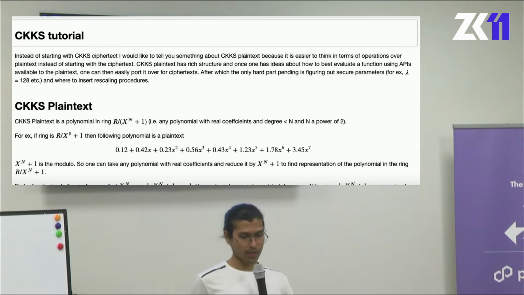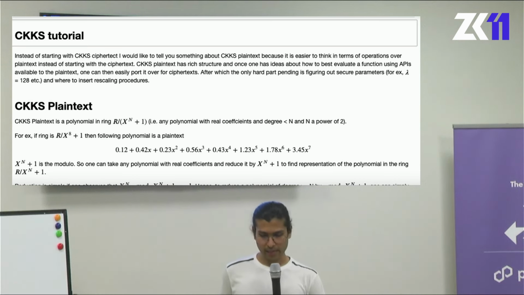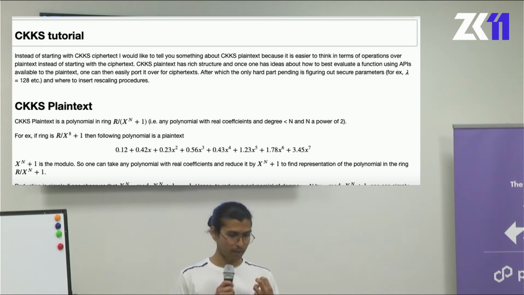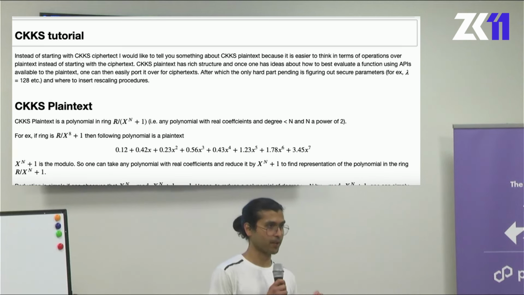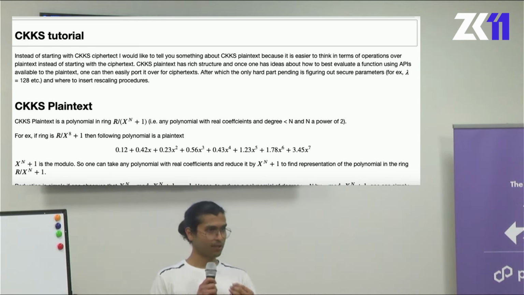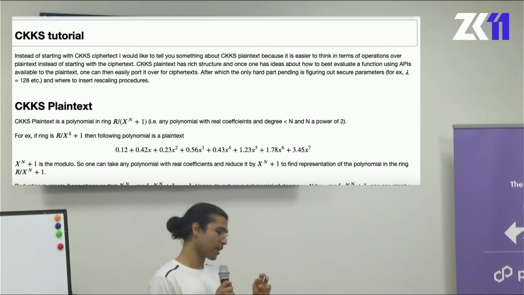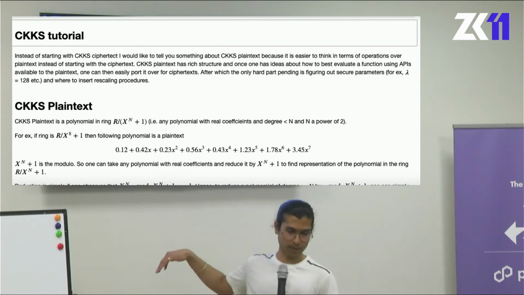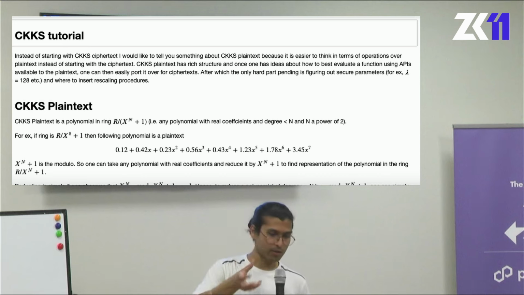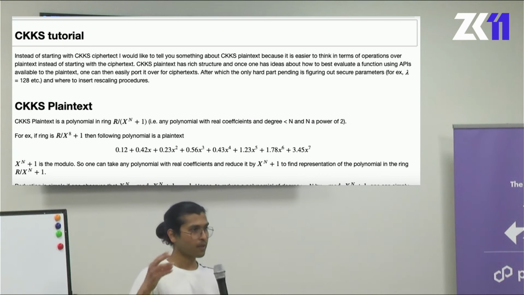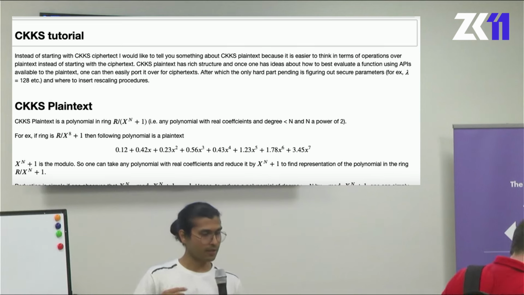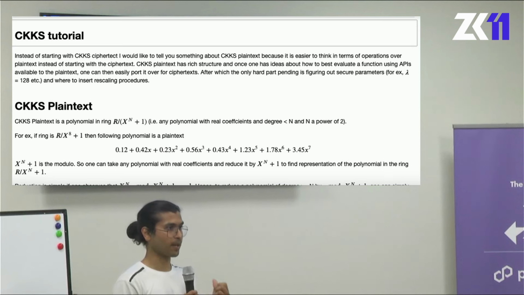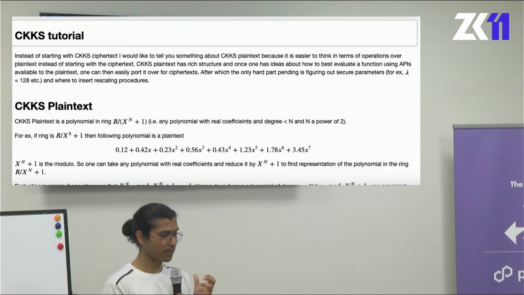When I like to think about FHE, I first like to think about the plaintext instead of the ciphertext, because every operation on the ciphertext directly translates to the plaintext. And for most of the workshop today, we would be directly using the rich structure that the plaintext itself gives you, and we'll try to write circuits that make use of the plaintext as efficiently as possible.